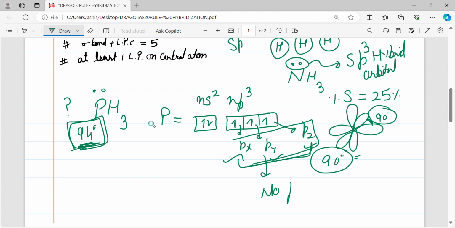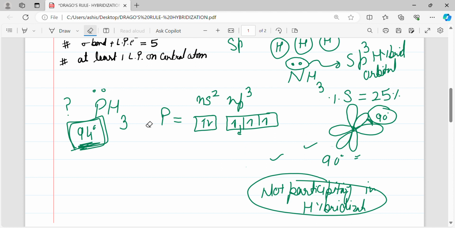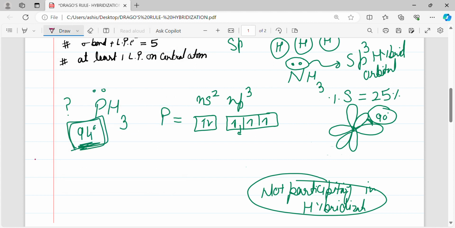So what is the meaning of that? Its meaning is that these p orbitals might not be participating in hybridization, because they have a large p character. So how is this PH3 molecule formed?